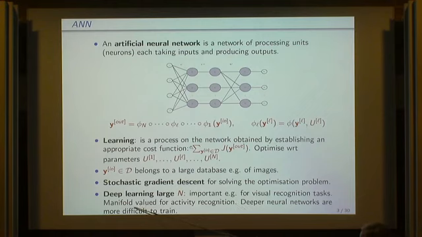And that type of task would make it natural to require that your data is living on a manifold or is manifold valued. The problem with this is that deep neural networks are typically more difficult to train. In other words, they lead to optimization problems which are more difficult to solve.